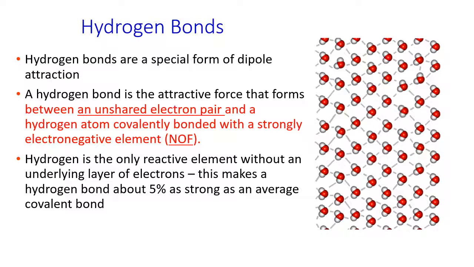Hydrogen is the only reactive element without an underlying layer of electrons. This makes the hydrogen bond about 5% stronger than an average covalent bond. So it's actually quite a strong intermolecular bond. Essentially, it's just a naked proton when it's bonded to a strongly electronegative element.